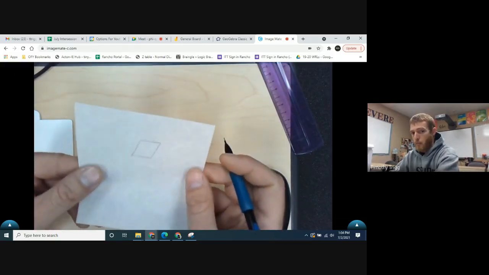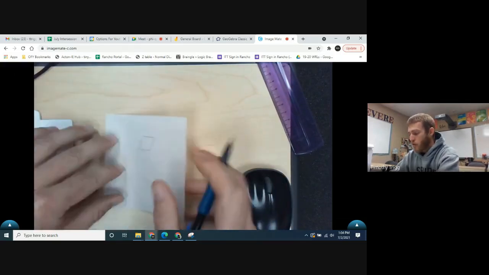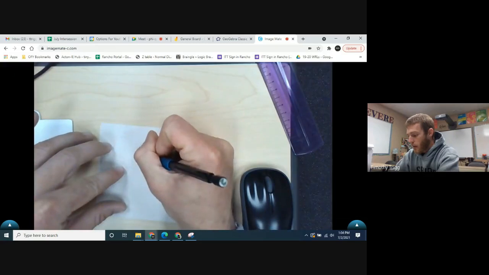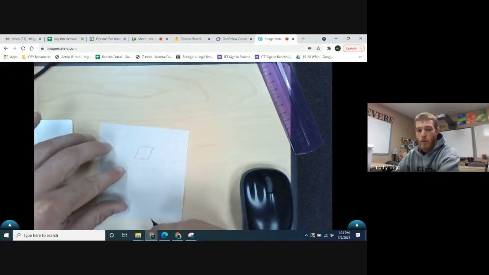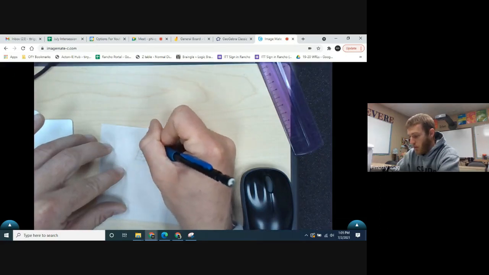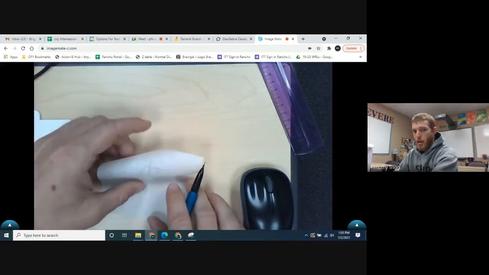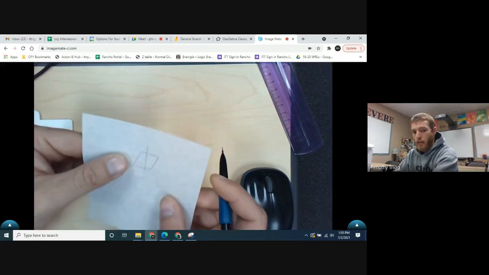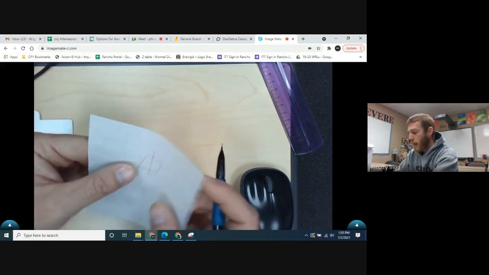So how should I fold it? Well, let's say along this line right here. Actually, maybe you can't see that. I'm going to draw a little bit darker. Okay, can you see that line? Okay, good.